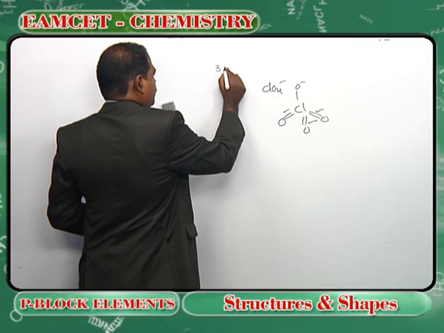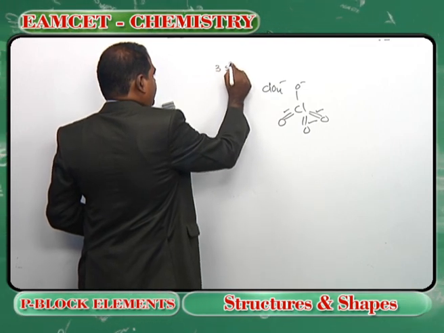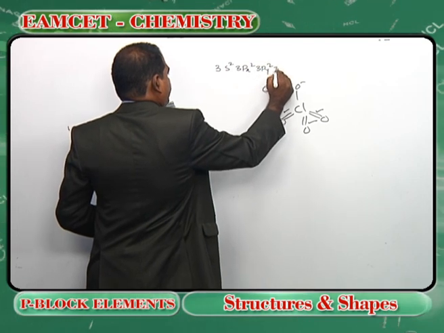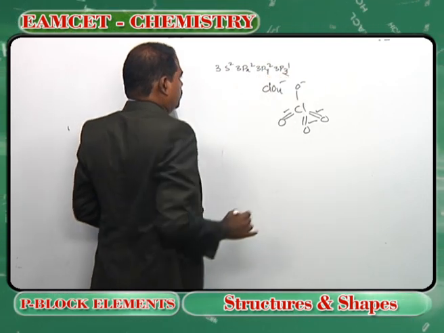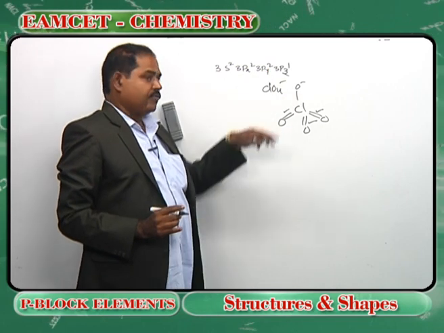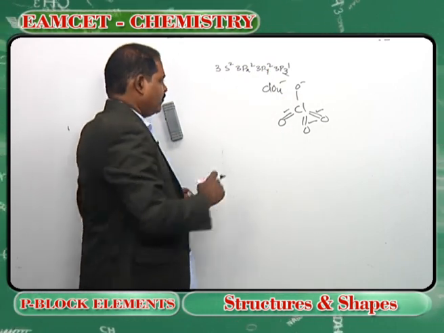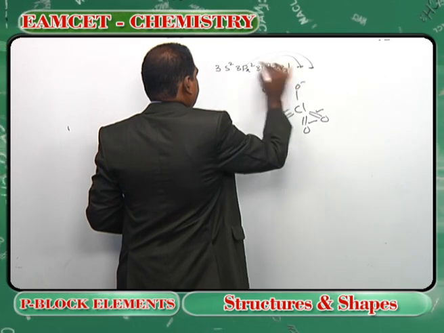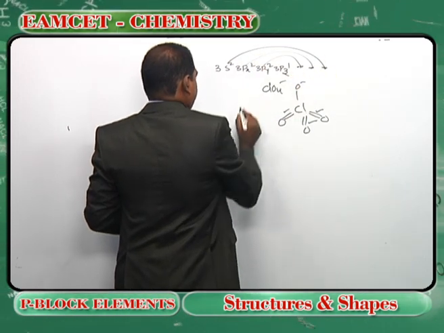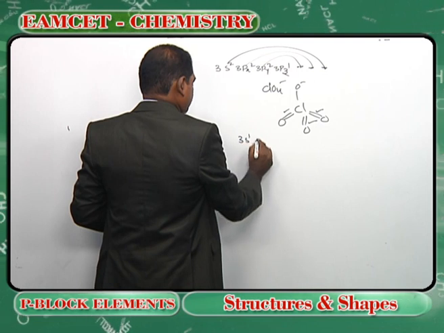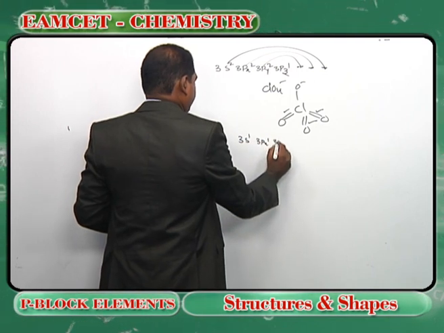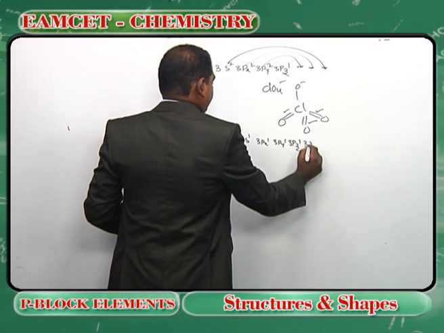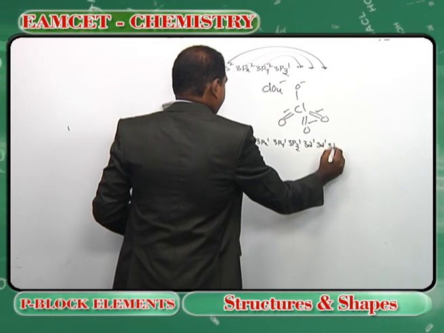Look at the electronic configuration of chlorine: 3s2, 3px2, 3py2, 3pz1. So in this state, chlorine can form only one bond. For it to form 3 pi bonds, it has to go to the excited state. All of them should be excited and it will become 3s1, 3px1, 3py1, 3pz1, 3d1, 3d1, 3d1.